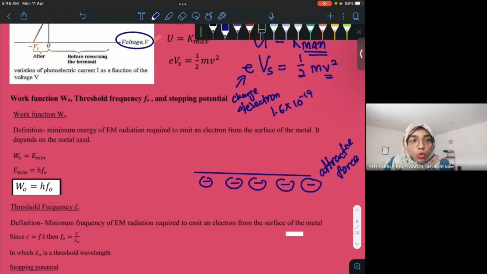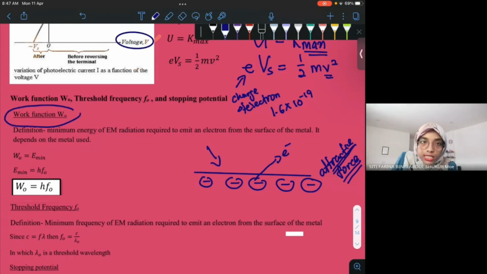In order to overcome this attractive force, that is to emit the electron, you must have sufficient energy. So the minimum energy to overcome this attractive force is known as work function, that is the minimum energy you need in order to emit the electron.